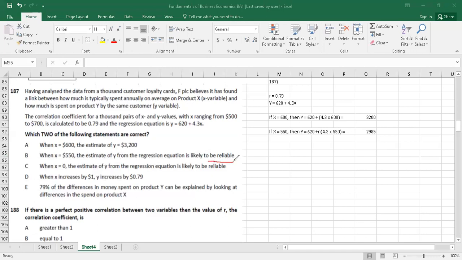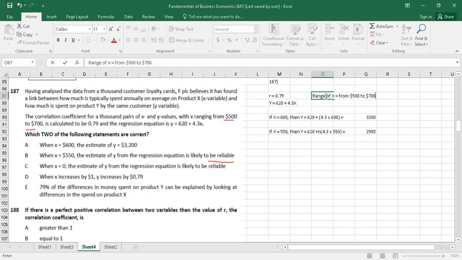The range is given as between 500 to 700. So if x falls within this range of 500 to 700, the additional information that we have is the range of x is from $500 to $700.